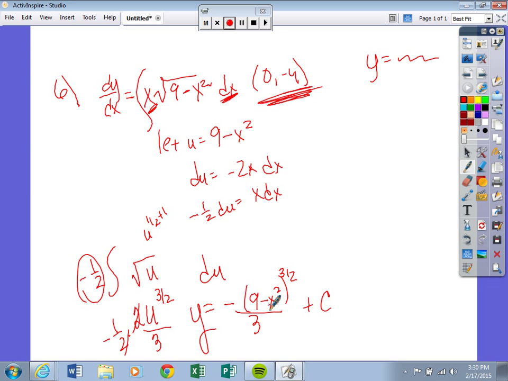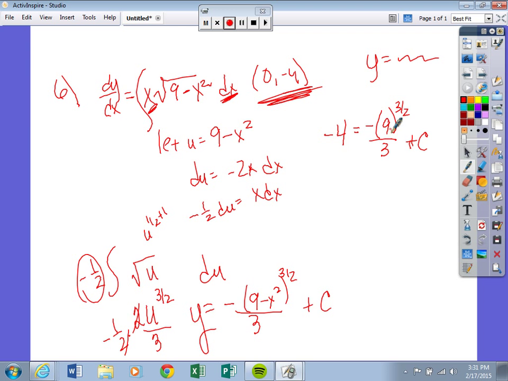When I plug in a 0 for this x, and my y is over here, I'm going to have negative 4 equals negative 9 to the 3/2 over 3 plus c. So all I did was plug in my 0 here, and it got rid of that. And 9 to the 3/2 is totally doable. It just means take the square root of 9 and then cube it.